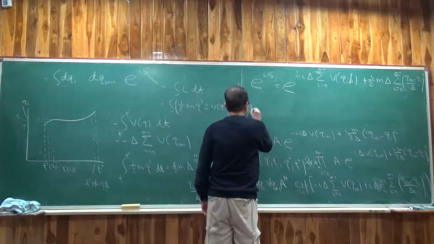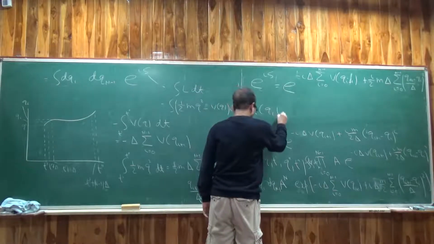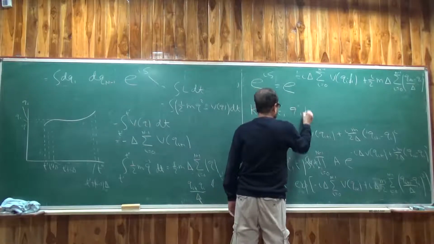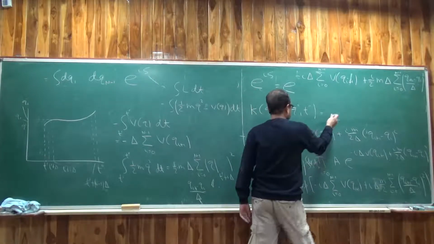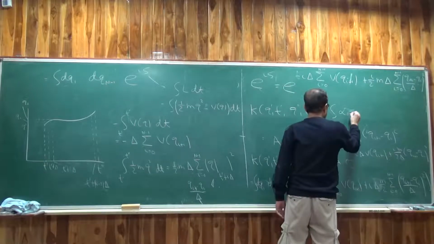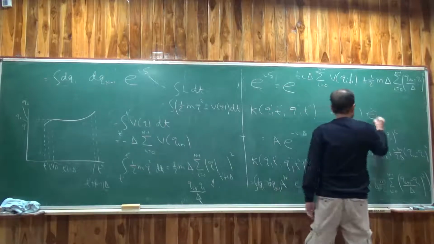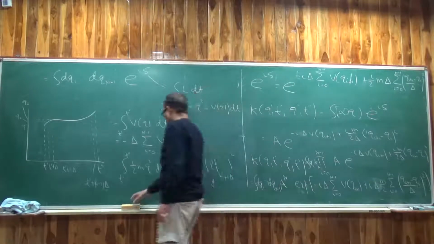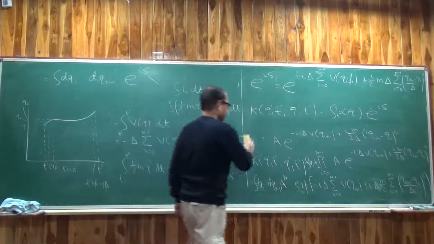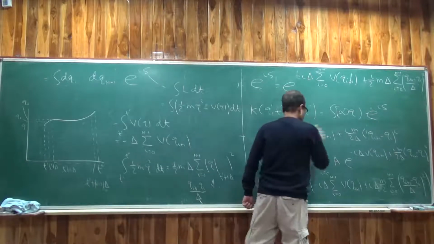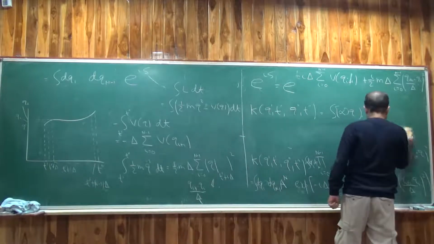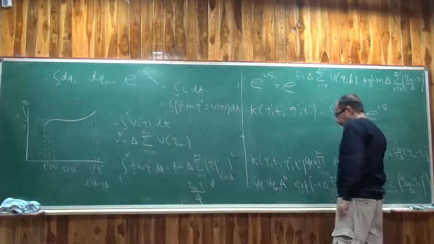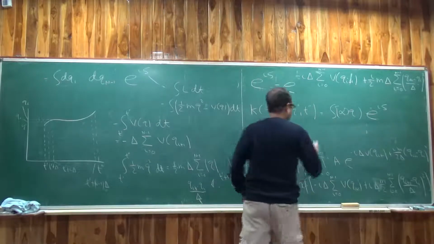So formally one writes this as K(q'' t'', q' t') as the integral dq e to the is. Well, there is a normalization.